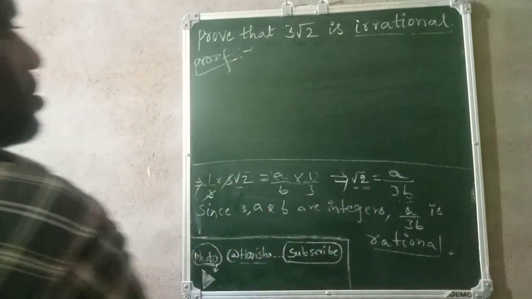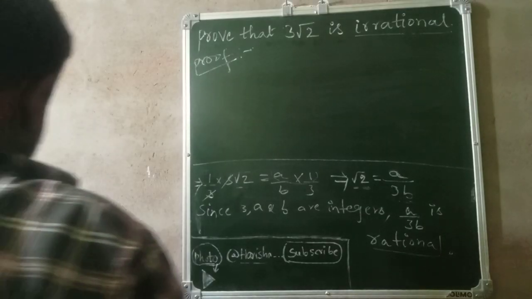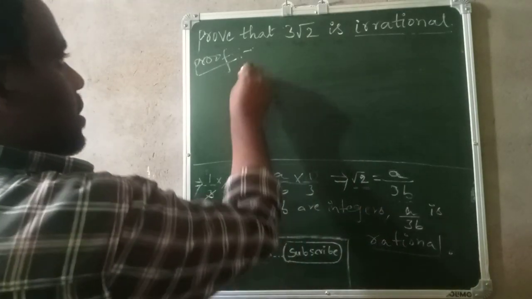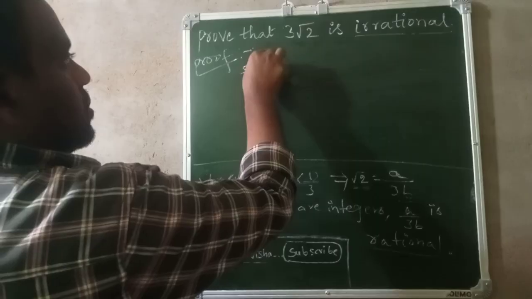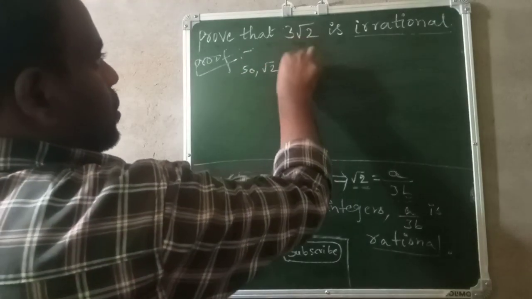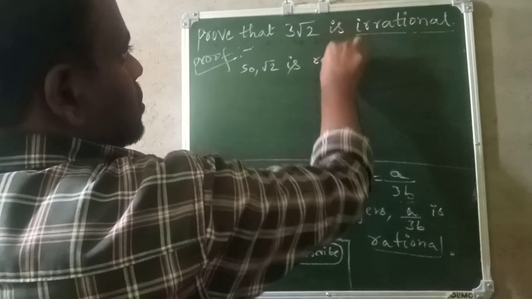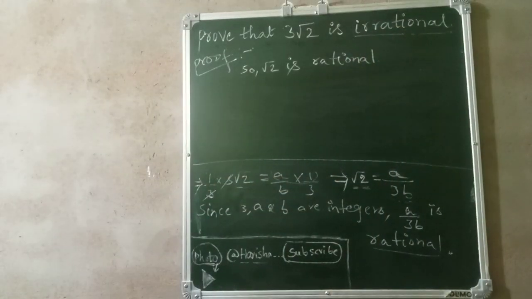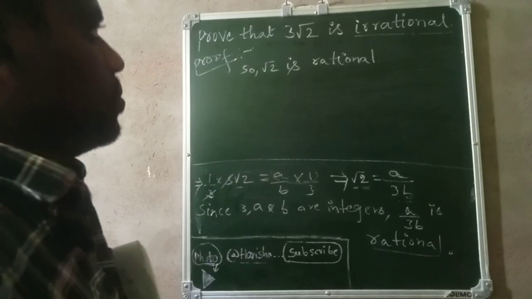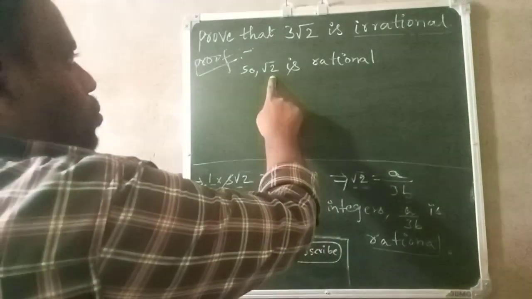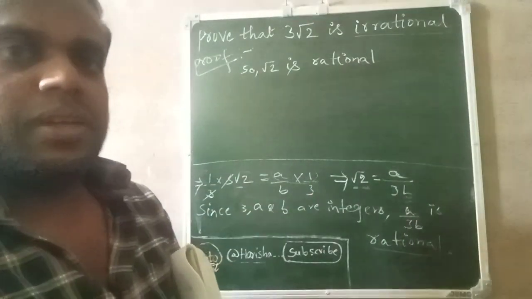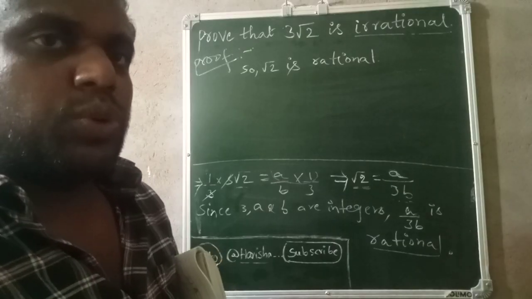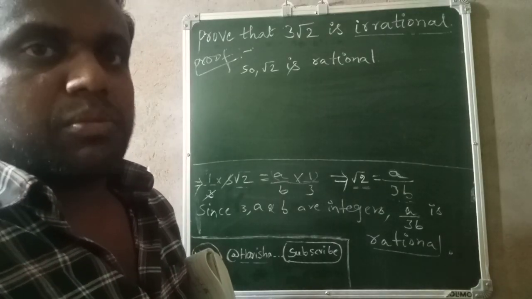Correct? Root 2 is rational. So from this we can write, root 2 is rational.